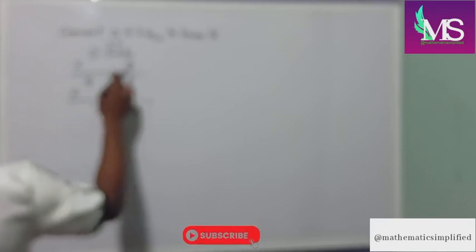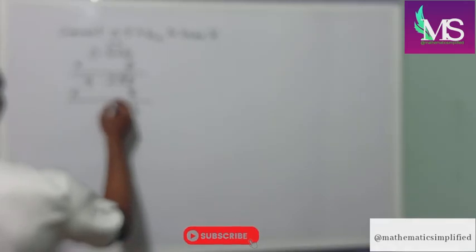Now, times 8 again. 8 times 8, 64. Write down 4, carry 6. 8 times 0 is 0. 0 plus 6, 6. Now, 2 times 8 is 16. Write down 6. Carry 1.